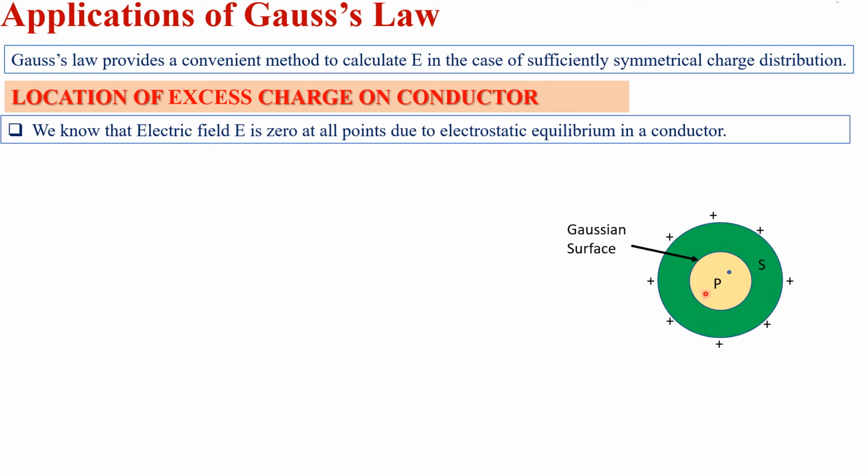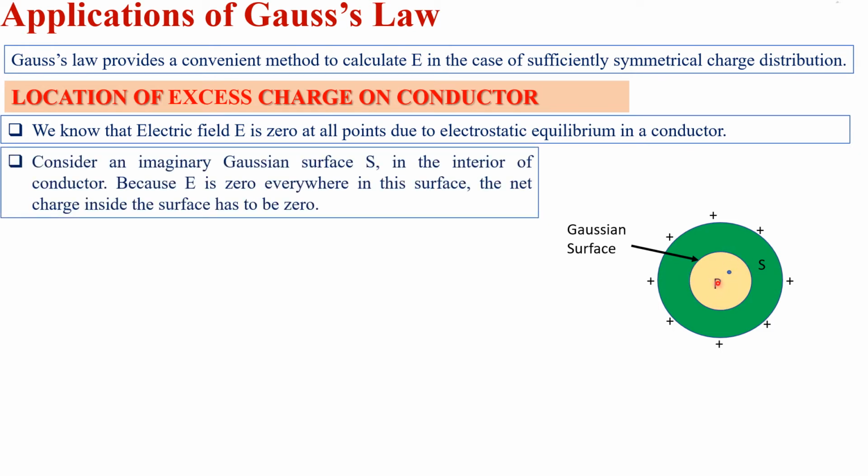Consider an imaginary Gaussian surface S in the interior of conductor. Because E is 0 everywhere in this surface, the net charge inside the surface has to be 0. Now, if we want to calculate electric field at any point P, we will consider a Gaussian surface S. Gaussian surface is imaginary surface as net charge is 0 within this conductor.